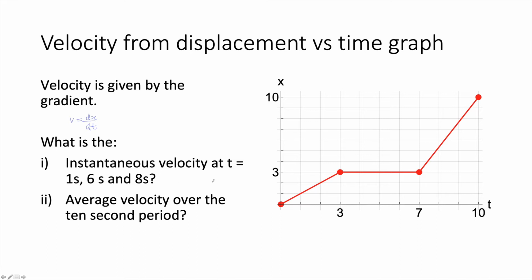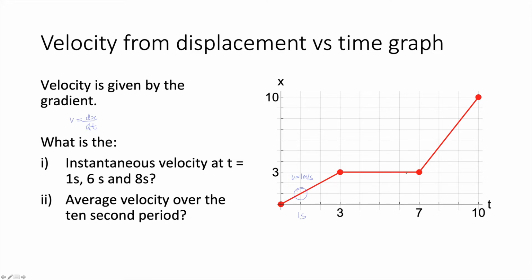For 1 second, we want to calculate the gradient here. The gradient is just given by the rise, which is going from 0 to 3, divided by the run, which is again going from 0 to 3. So the gradient is equal to 3 over 3, which is 1. So the velocity is equal to 1 meter per second. That's the instantaneous velocity, and it's along the positive x-axis.